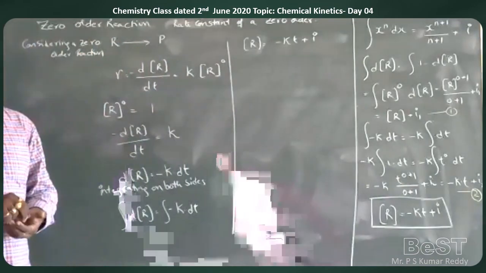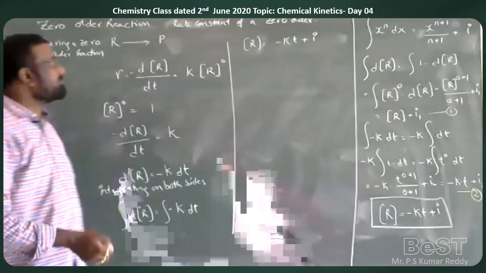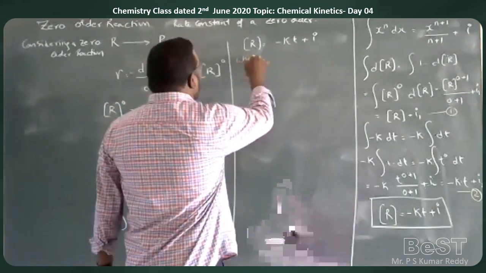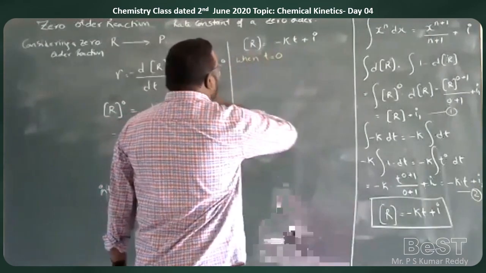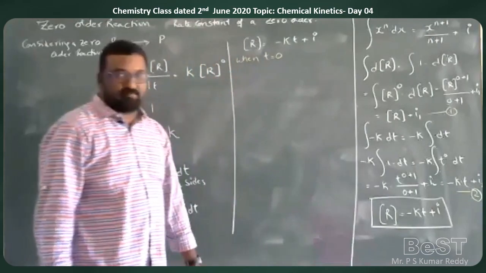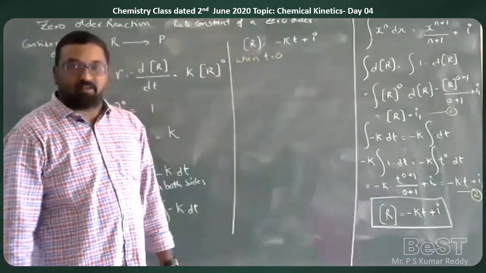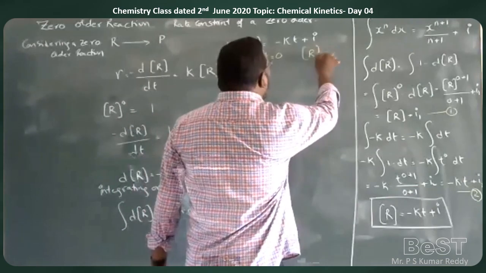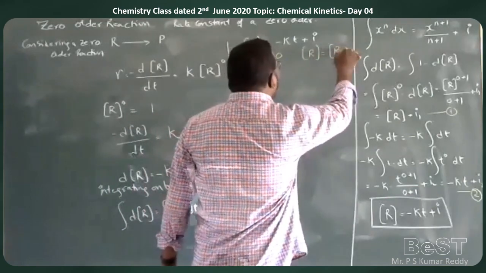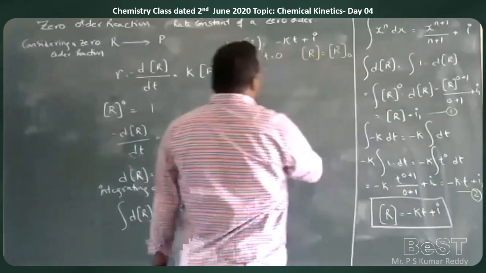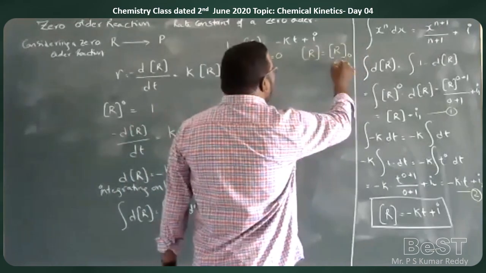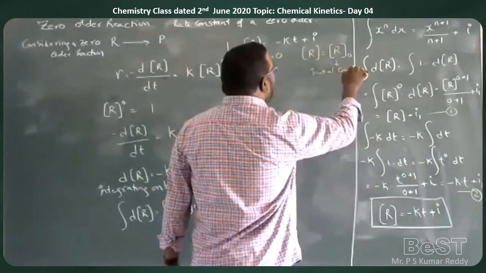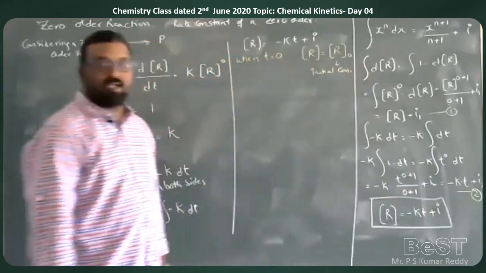Now when t is equal to 0, that is initially when I am starting the reaction, then the concentration of R is called the initial concentration, R naught.